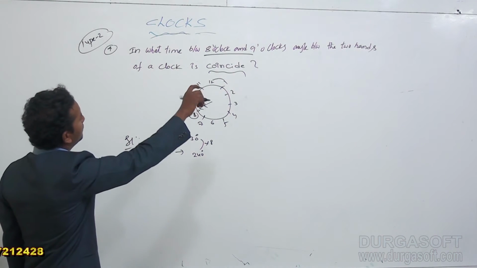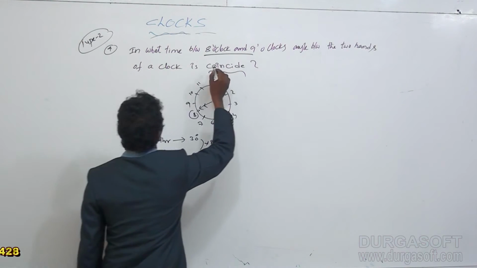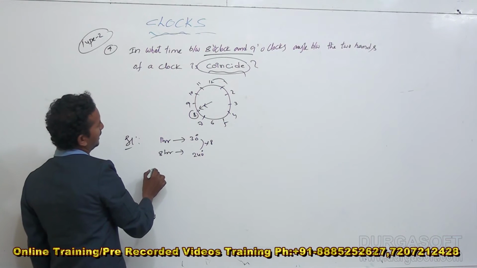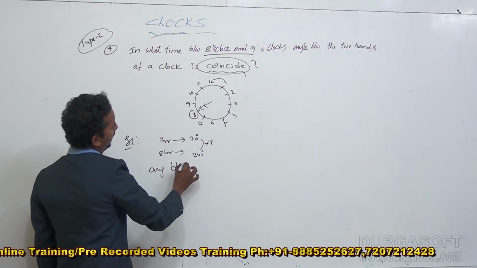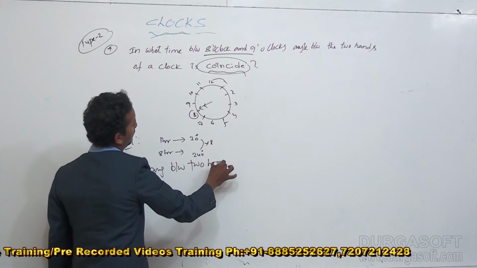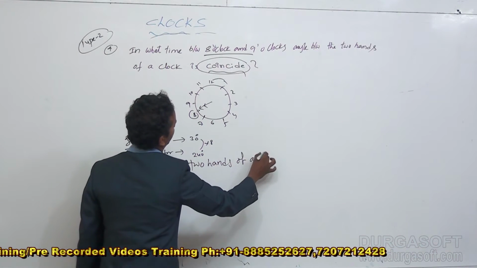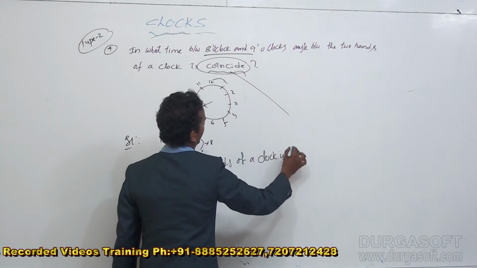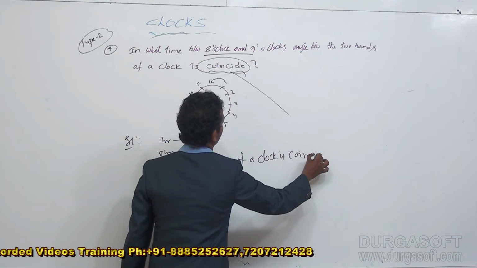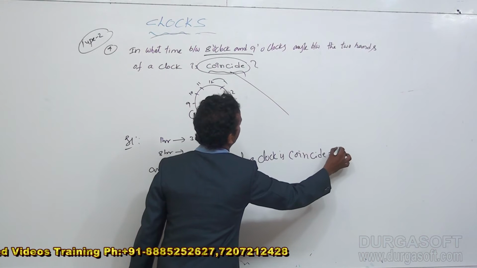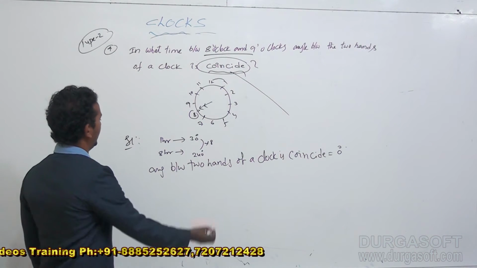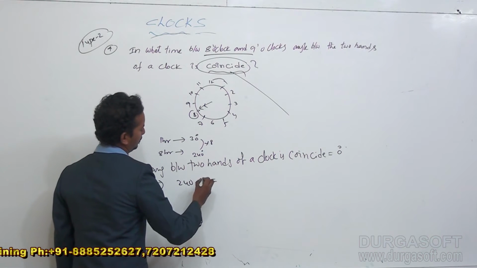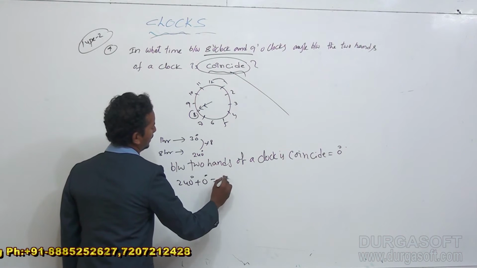But when the angle between the two hands of a clock is coincident, the angle is 0 degrees. Adding 240 plus 0 gives 240 degrees.